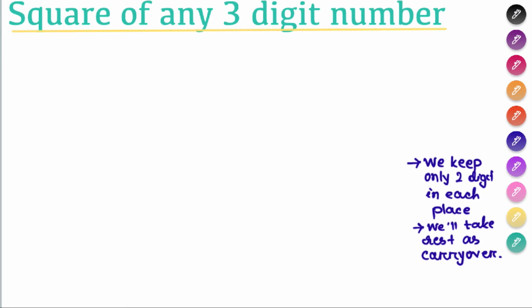Now let us take one more example. Suppose I have to find the square of 514. Okay. So again we'll make 3 columns. We have P1 square, then we have 2 P1 P2, then we have P2 square.